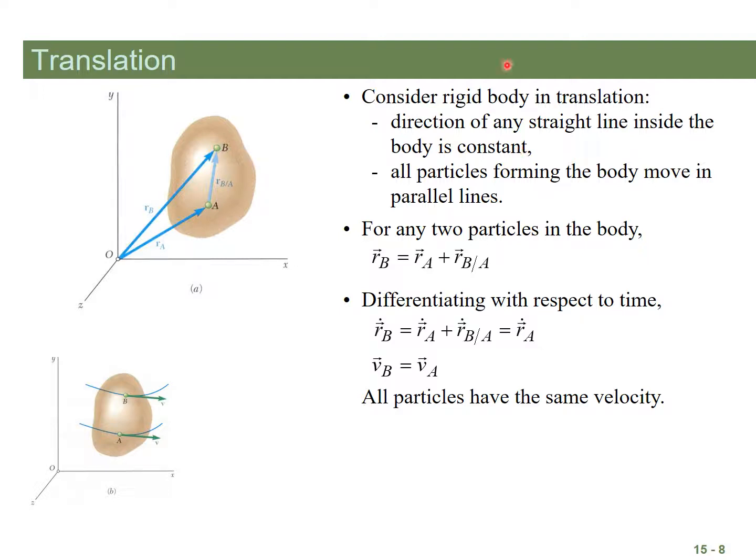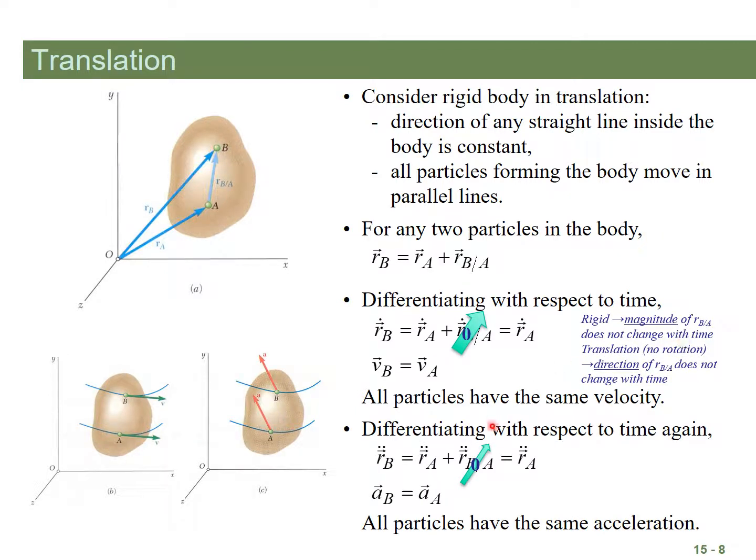Now, if we're going through regular rectilinear or curvilinear translational motion, if it is not rotating at all, that means their relative motions are zero, which in that case they would have the same velocity. And in the case where their relative velocities and the relative accelerations are zero, then all of the points are moving together.